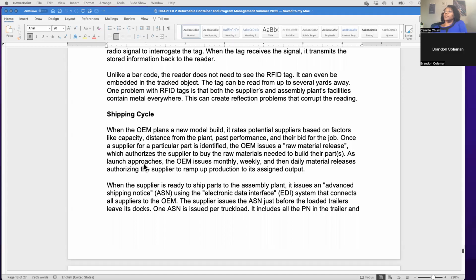This is also talking about when the orders are coming in. It gets kicked off because the OEM or the customer, whoever that customer is, sends out a release, and they're looking for, how many do we need, what's coming in, when does it need to come in? It really is like the order.